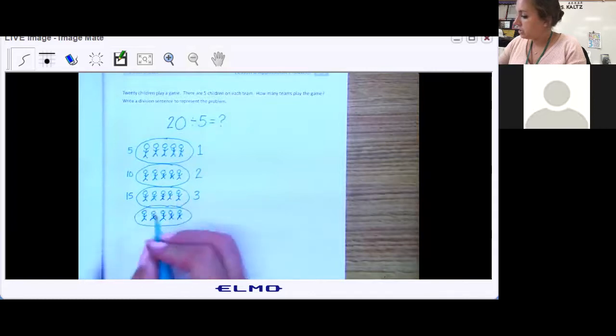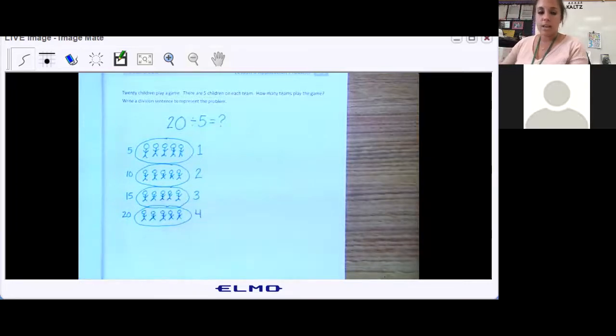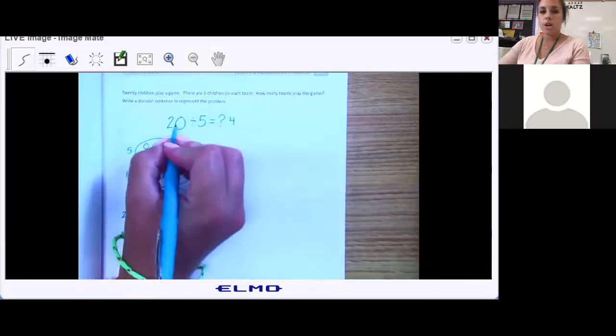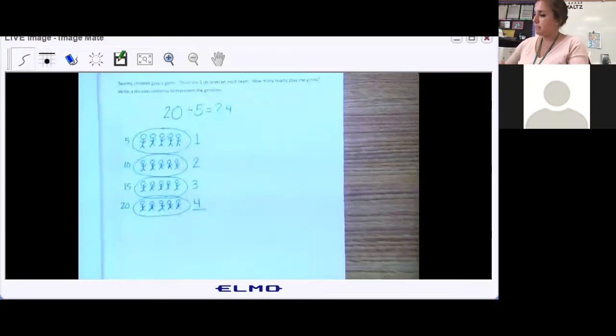And that would be children 16, 17, 18, 19, 20. Awesome, so I used all 20 children, and it looks like they managed to be on 4 teams. Therefore, 20 divided by 5 equals 4.